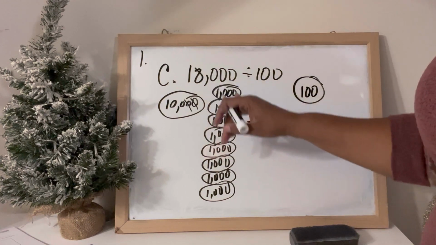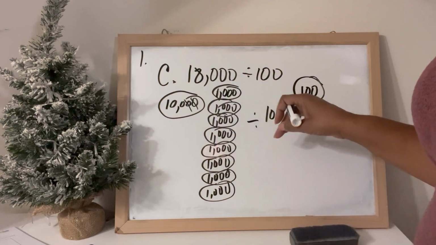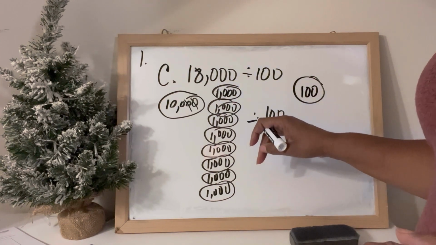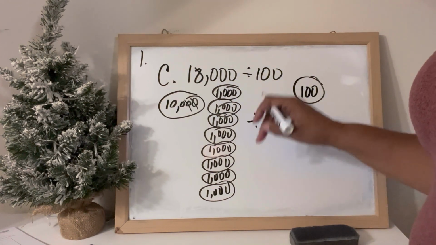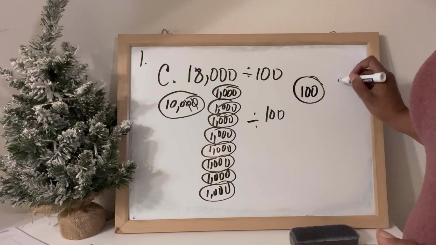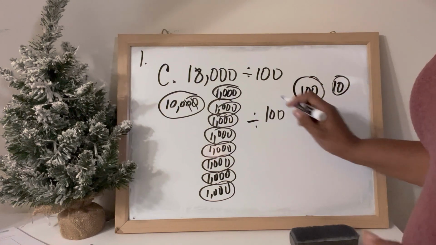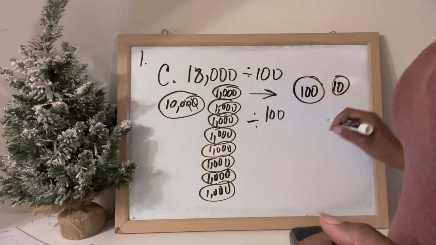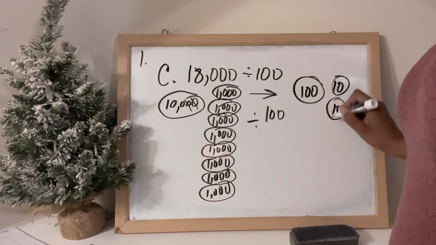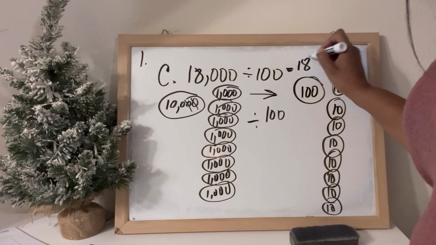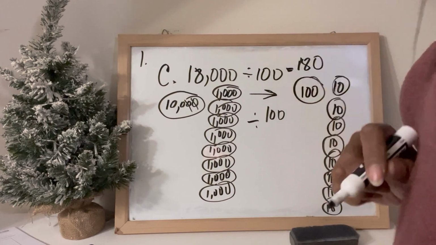Okay, now we're going to divide each one of these 1,000s. So 1,000 divided by 100, that is going to be 10. So this will be 10. So we're going to have 8 10s. So each of these divided by 100. I'm going to draw the arrow. So we're going to have 8 10s, 180. And that would be the answer.